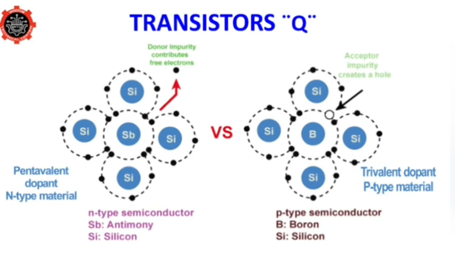Pentavalent dopants are made of atoms with 5 valence electrons, and the two primary materials used in industries are arsenic and antimony. The trivalent dopant has 3 electrons on the valence shell, and this includes indium and gallium.